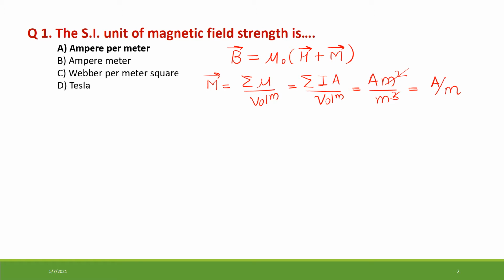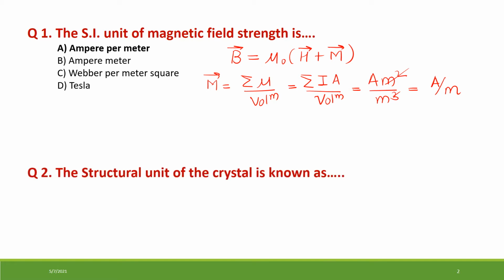Now let us see the next example. The question is, the structural unit of crystal is known as, and the options are lattice, basis, crystal structure and space lattice.